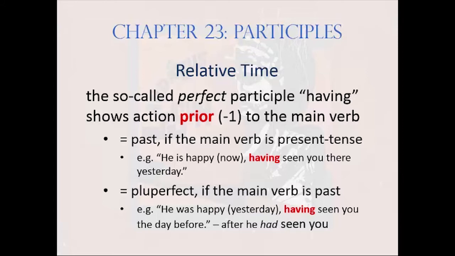In other words, he was happy after he had seen you. To put it another way, a past tense main verb pushes the real or absolute time value of any participle back one step in time. And that's because participles show relative, not absolute time. That is, time relative to the main verb.